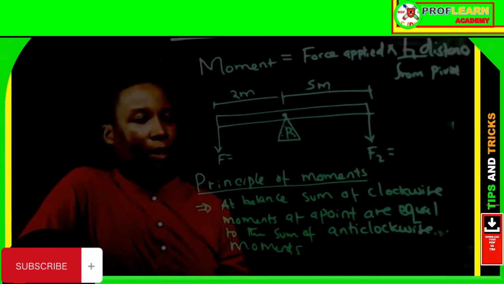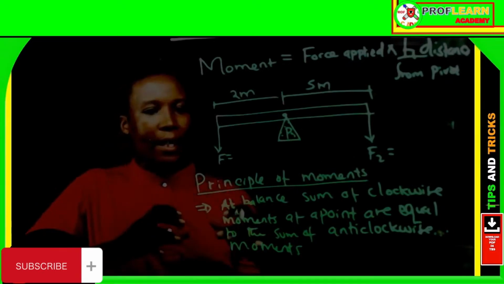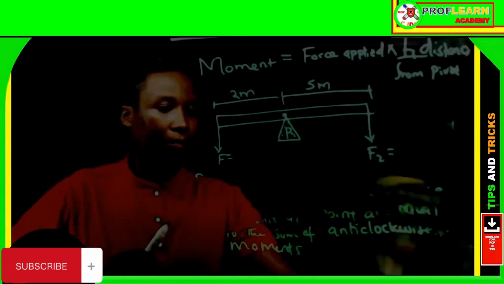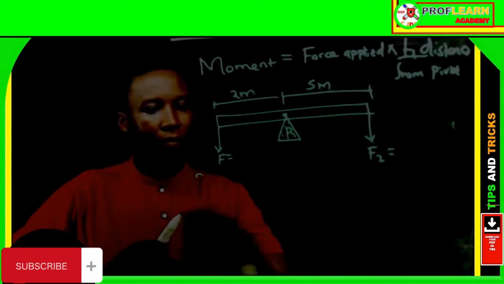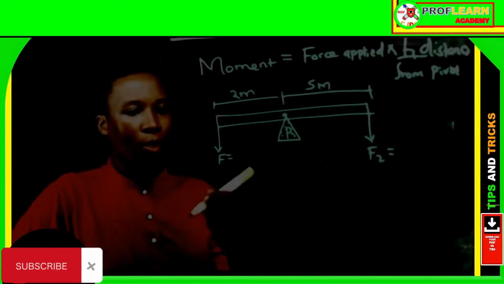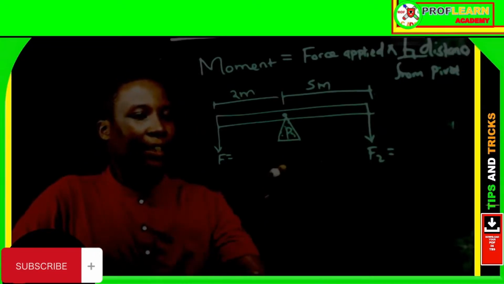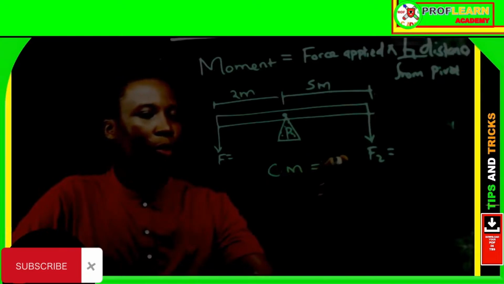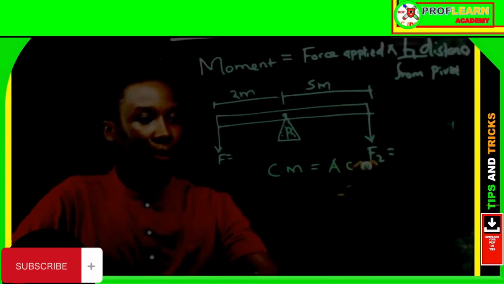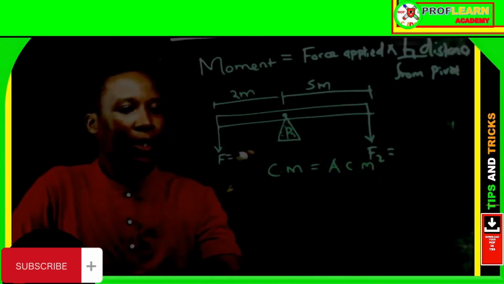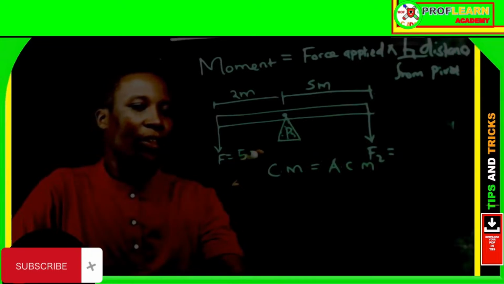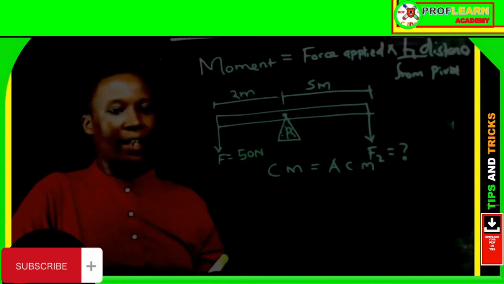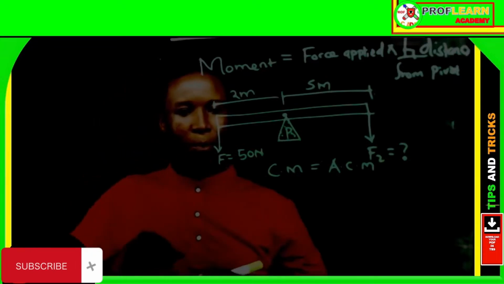Now, we're going to look at how this principle is really going to help us. We have already said that at balance, clockwise moment should be equal to anti-clockwise moment. So if you are given that this force is 50 Newton and you are asked to find F2, you are going to use the principle of moments here.